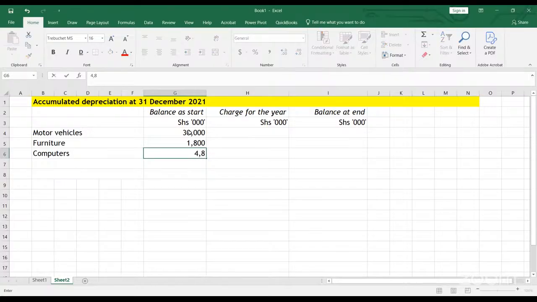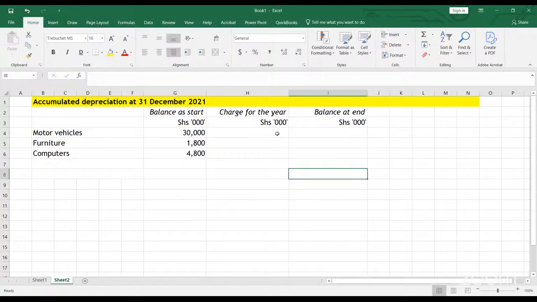Now we are going to get the depreciation. We are going to calculate it using the company's policy. So check the policy of the company.